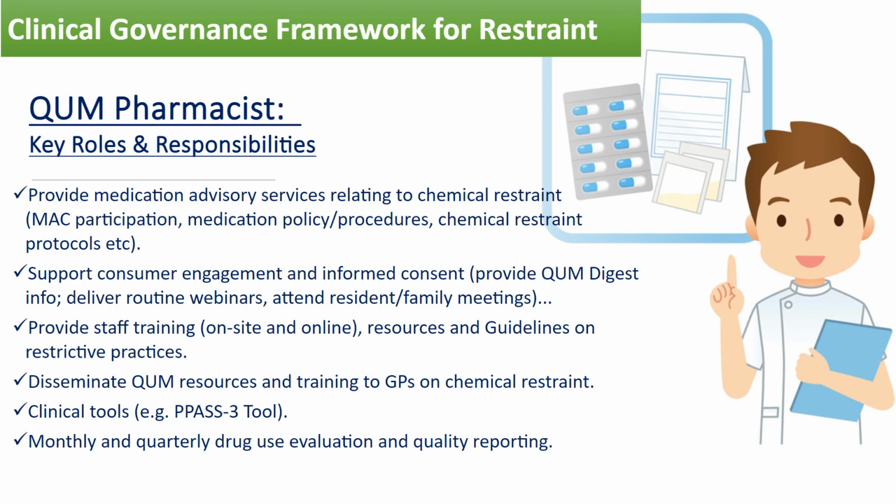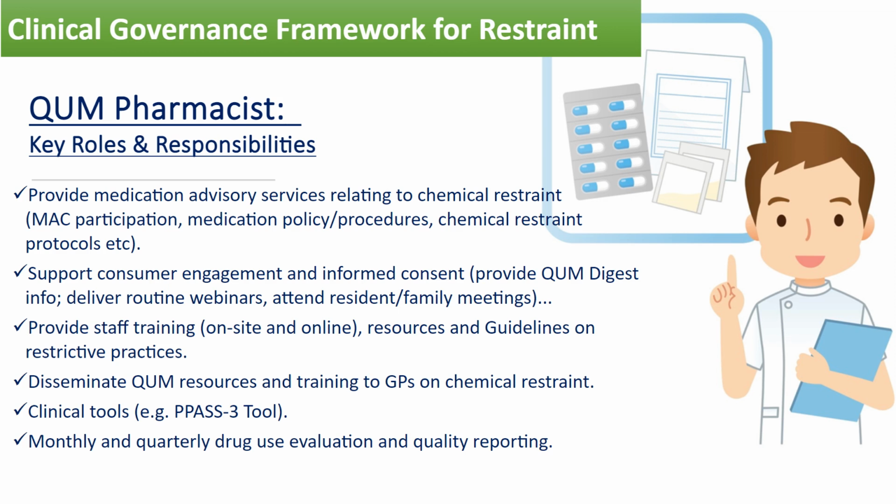I'll show you a few examples. They deliver routine webinars. They can attend resident or family meetings. They can provide staff training, resources and guidelines on using restrictive practices, and they can disseminate other resources and training to GPs as well. And there are some clinical tools that have been developed that can be really useful.